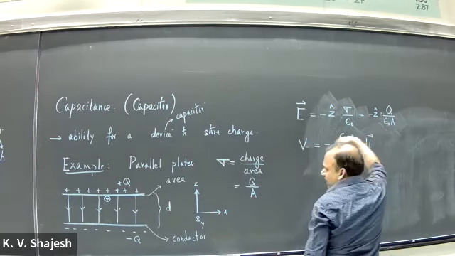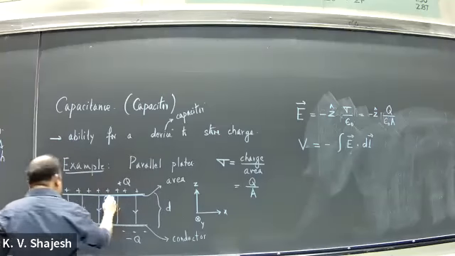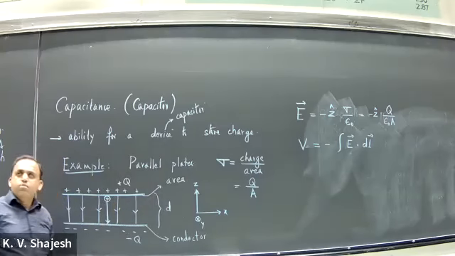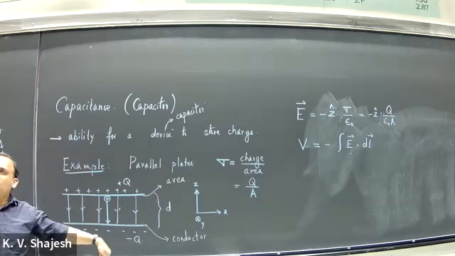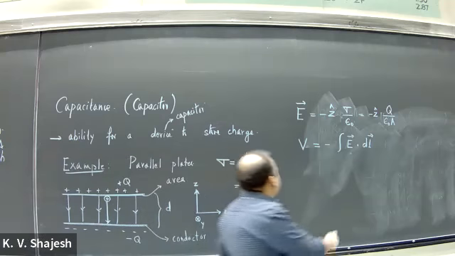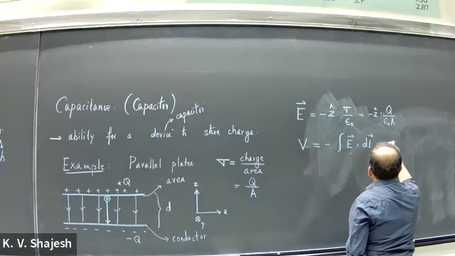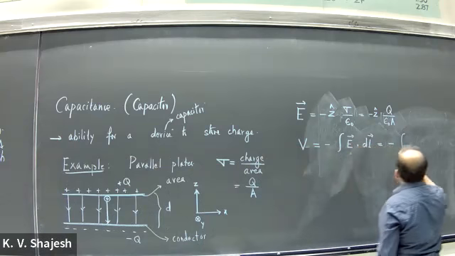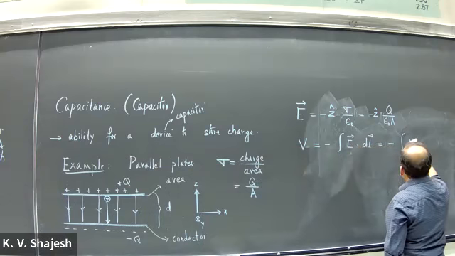Here dl is going down. That's the path along which I'm moving. The electric field is also going down, so both are in the same direction. So that's equal to minus the integral of E dotted with dl.